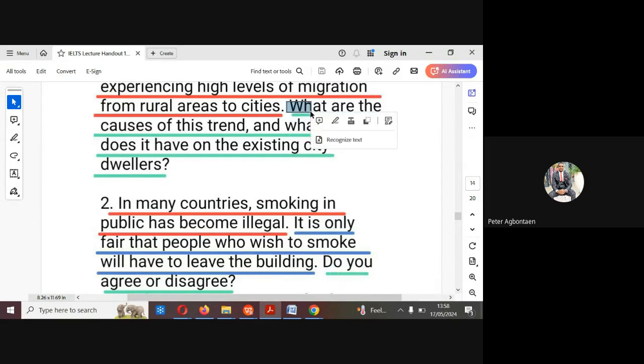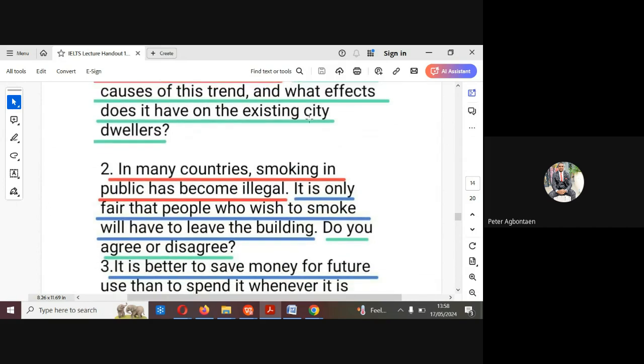So this is what I will convert into my thesis statement. Now for this other one, the last sentence you have here is the last sentence in this three-sentence question. So that's the one I will convert into my thesis statement.